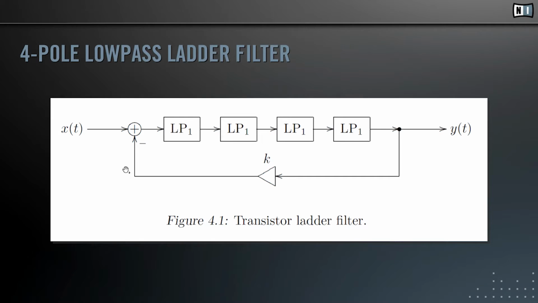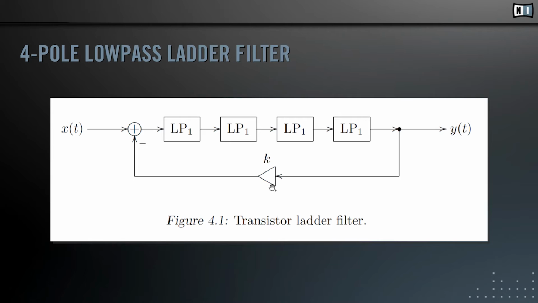And it's shown in this picture approximately. This is a block diagram which describes the idea behind the Moog ladder filter in the basic form. What we have is a serial connection of 4 one-pole low-pass filters here, these blocks. And then we have a negative feedback around these filters.